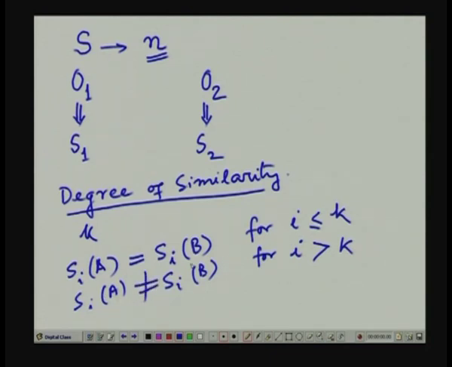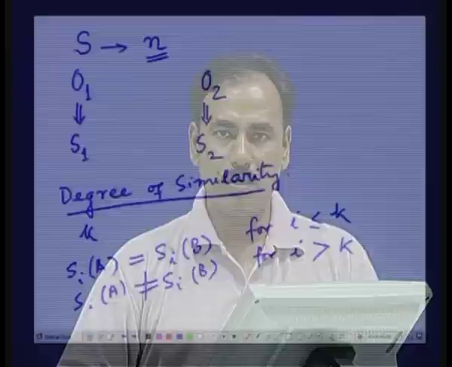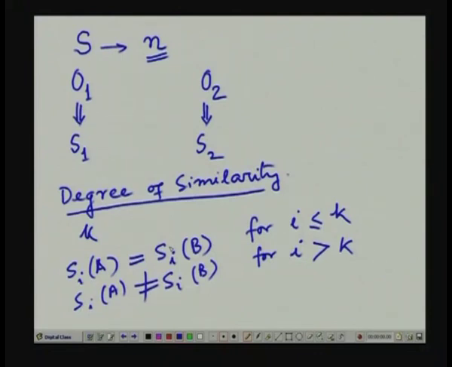In such a case, this is the highest order for which the shape numbers still match, and that is called the degree of similarity of these two shapes A and B. Using this degree of similarity, we can find out whether two given shapes are similar or not.